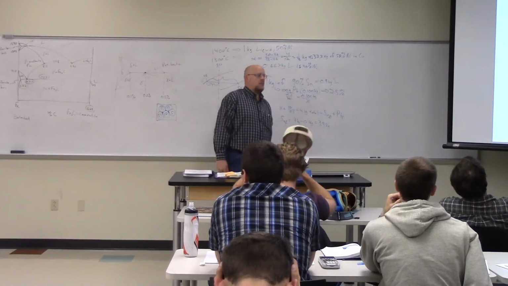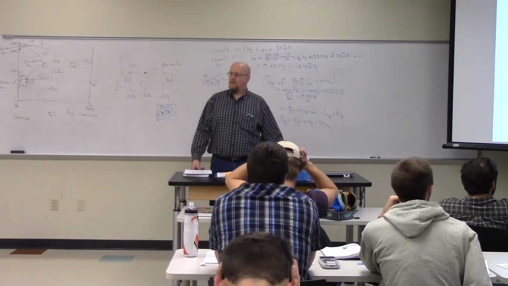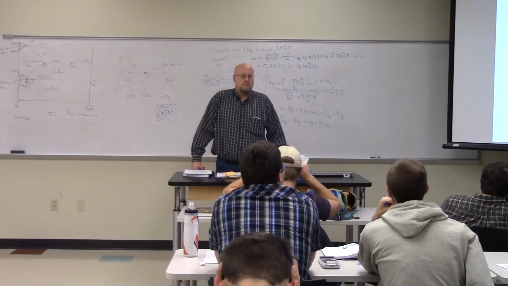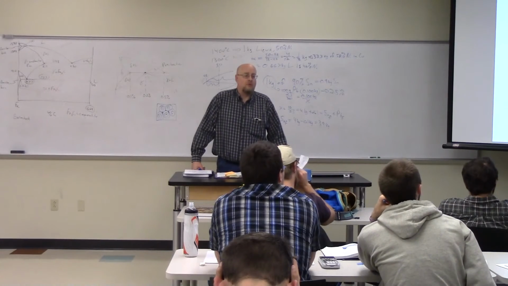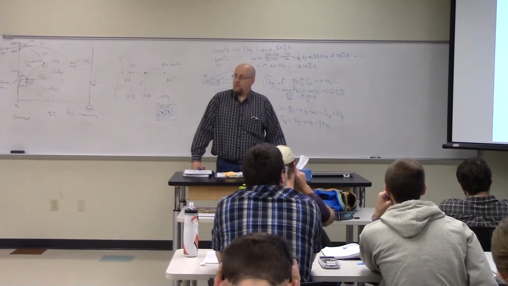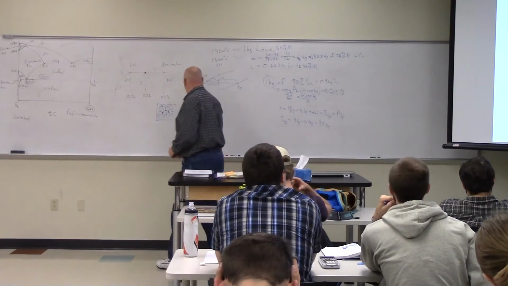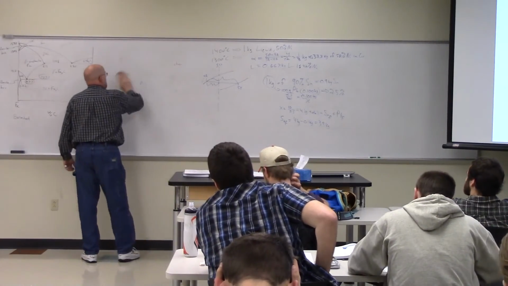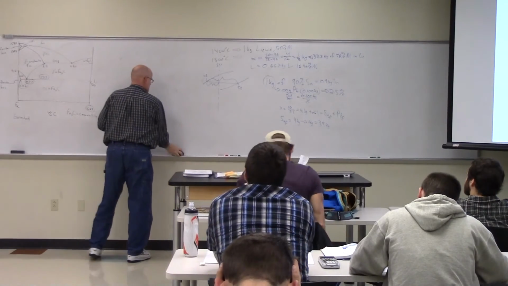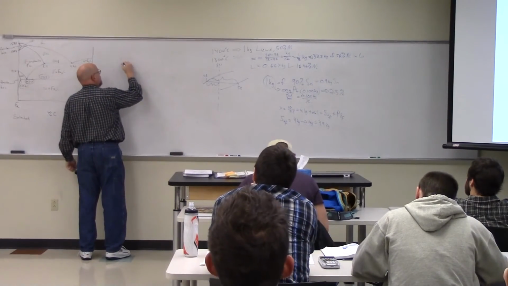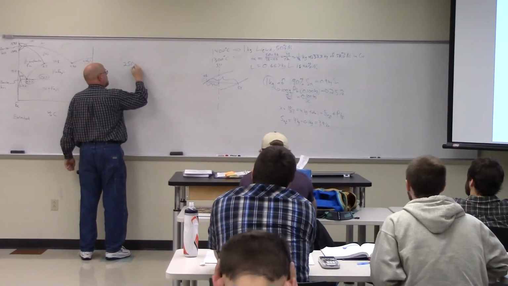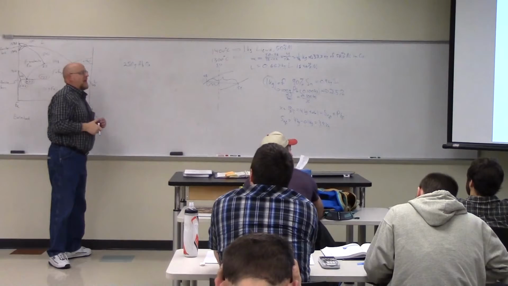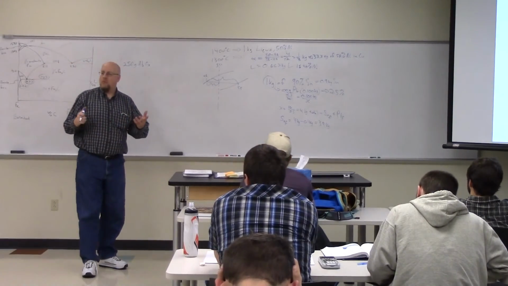So if I have 1 kilogram in the brick, how much alumina do I have? 0.25 kilograms. So I have 250 grams of alumina. How would I convert that into a number of moles?